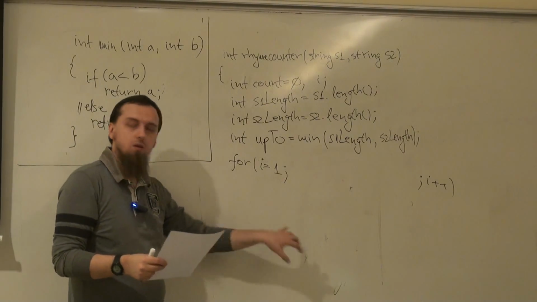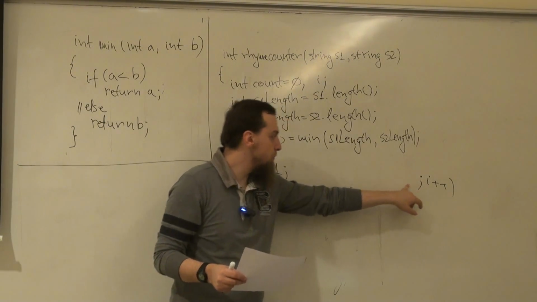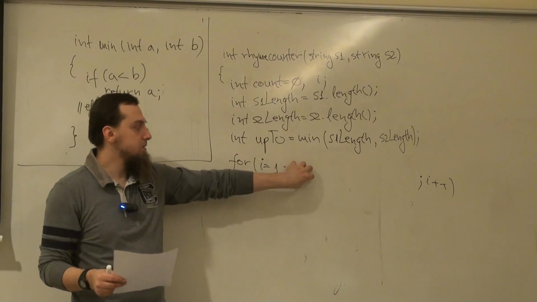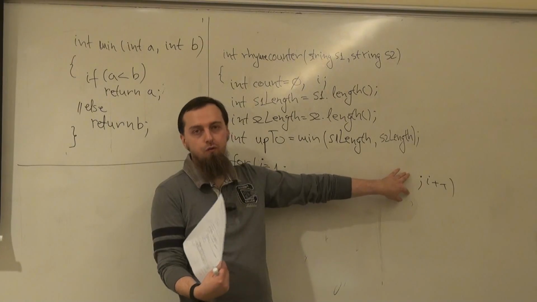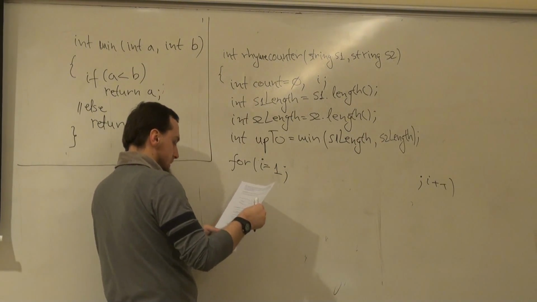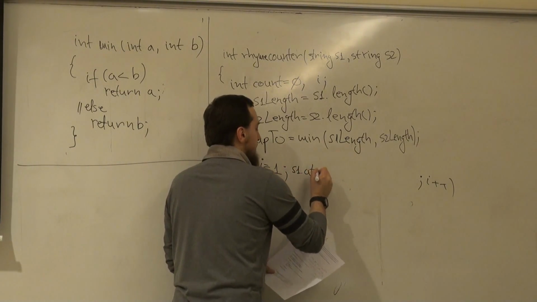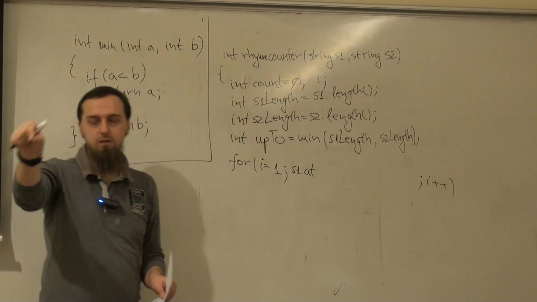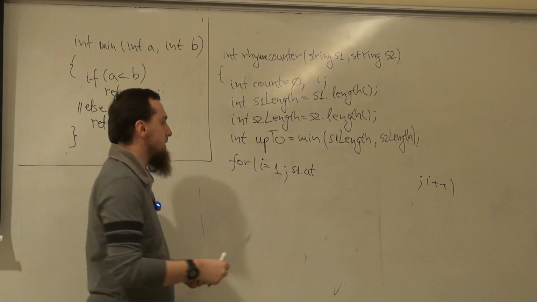Very nice. You can put an if inside the for loop. But here, you remember, the for loop expects a condition which can be true or false, just like the if clause. So the first mismatch is the following. S1 at, you remember the at function. It gives the character corresponding to the index we are sending as a parameter.